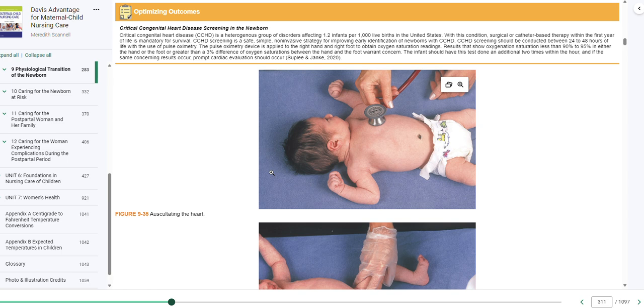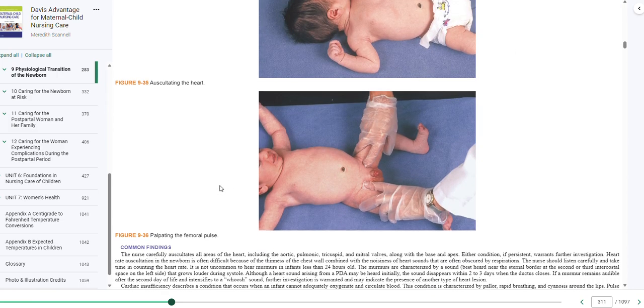So we're testing O2 sats maybe on a right foot and a right hand, or a blood pressure cuff on a right foot and a left hand, or left foot and left hand. They can do it on the same sides, and then they pick one that they do on opposite sides. That's on page 311.